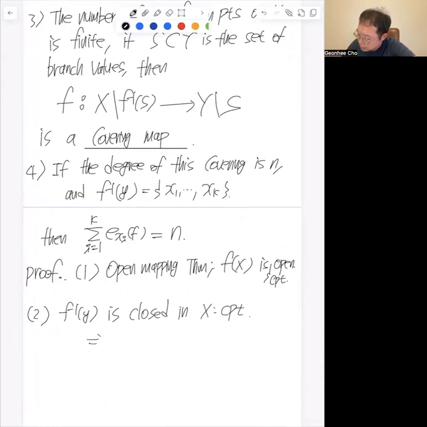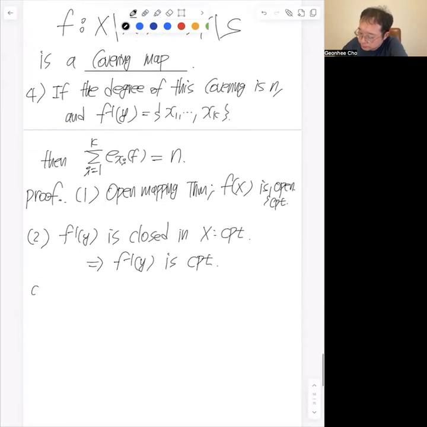So that forces f inverse of y to be compact. Now we'd like to claim it is discrete.